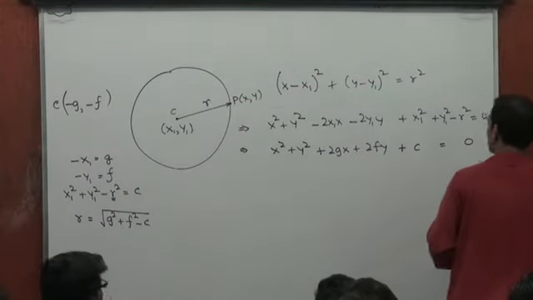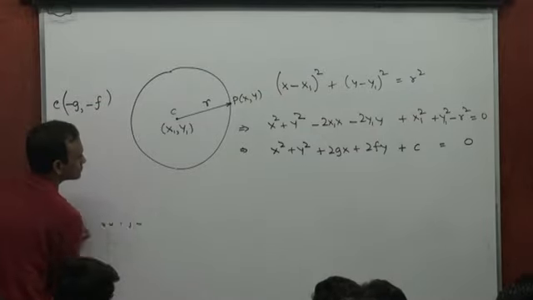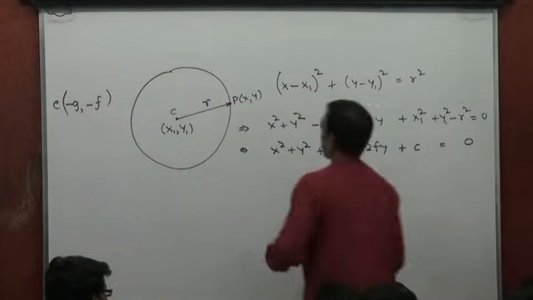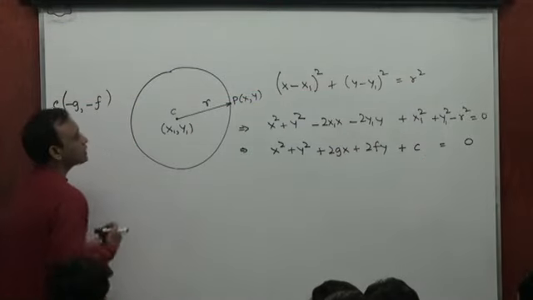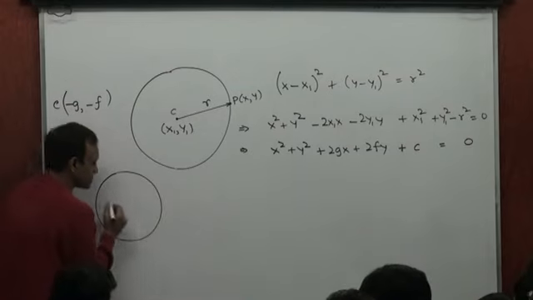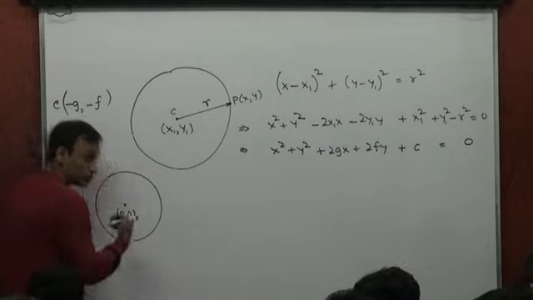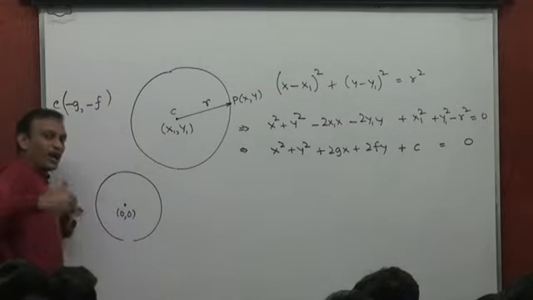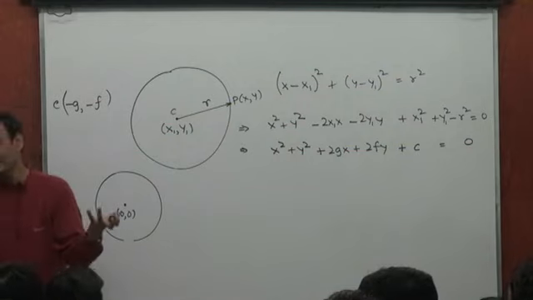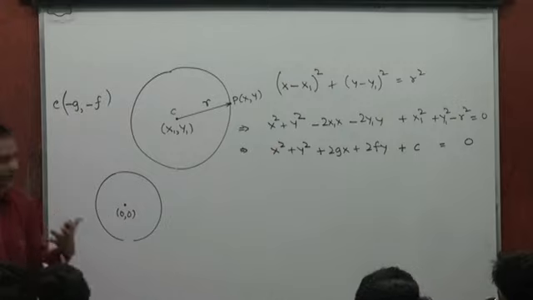Now, again, after all, if this is a circle, you could also have a circle whose center is 0, 0. Origin could be the center of a circle. Or rather, the center could be selected as the origin. The circle is given and you can select the center as the origin, right?